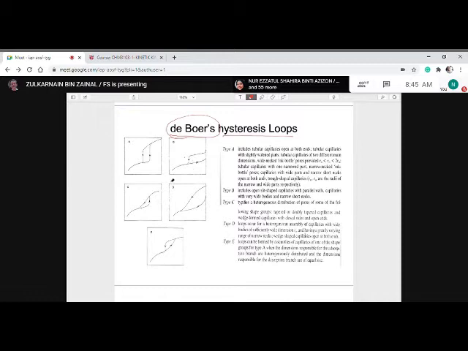For the hysteresis, you can assign this loop to the pores. For example, type A with this type of loop gives this type of pores.